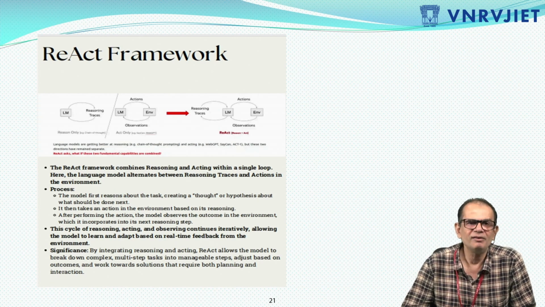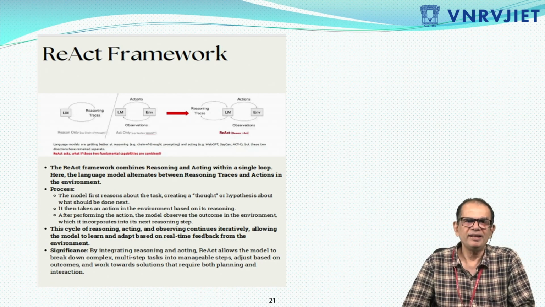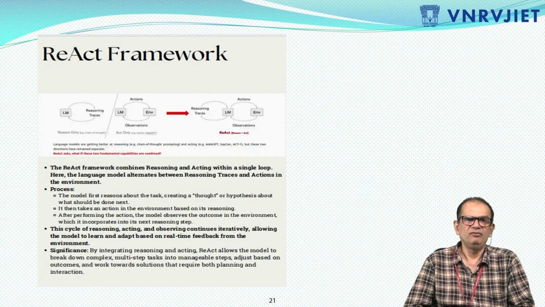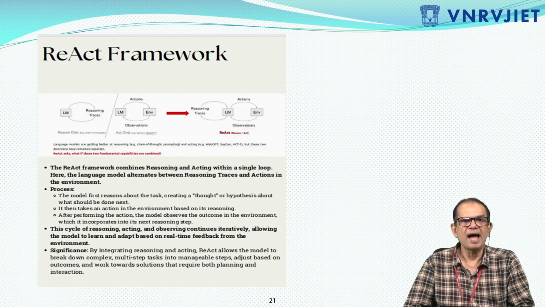In the React framework, what we really do is the reasoning and then the action. So that is required in case of agentic AI. First, we do the reasoning, and in the reasoning, we try to identify the particular action that we need to perform, and subsequently we do the action, so that the React framework works in the correct fashion.